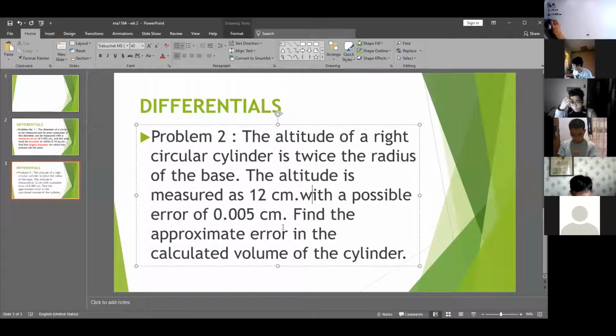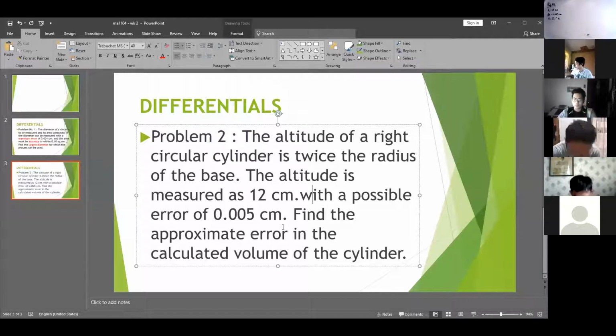So take note that according to the problem, twice the radius of the base is the altitude. And then of course, we have the volume. What is our formula for the volume again? Pi r squared times h. If we have the formula for the volume, we can now differentiate it.